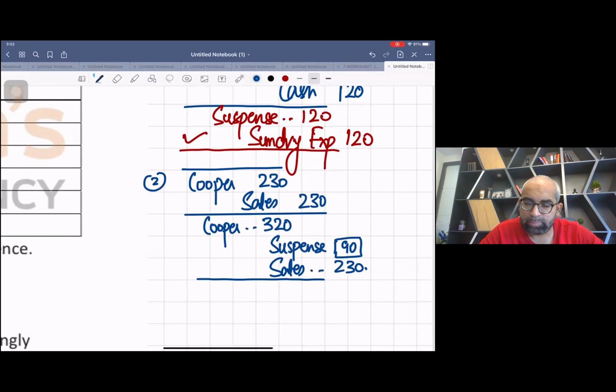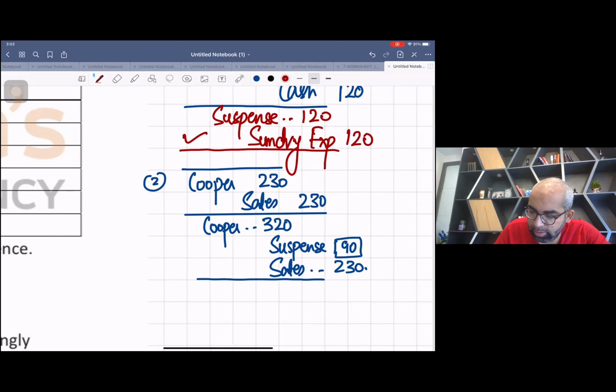Okay, now let's make the third one. In the first entry, sales should have been credited by 230, and yes, we did. So there is no error in the sales account, but yes, there is a problem with the Cooper account. Cooper should have been debited by 230, but we did debit by 320, an extra 90 debit in Cooper.